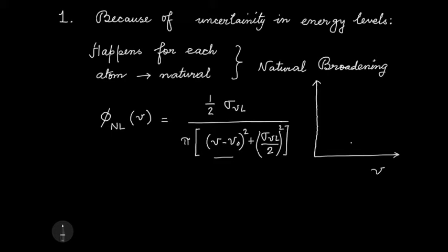Obviously, at nu equals nu naught, this term will be 0, and in the denominator there is a term in square, which means that at that frequency it will be maximum. So at nu naught it will be maximum. It looks roughly like this. You can try to plot this in some suitable software. This function is called a Lorentzian profile.